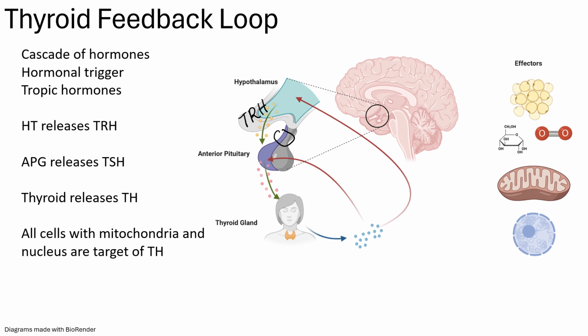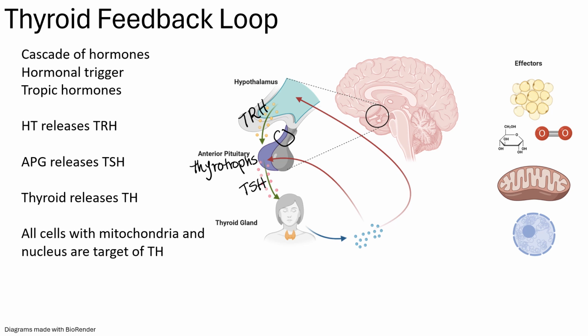There are cells, though, in the APG called thyrotrophs that are affected by TRH. These are the cells that have receptors that receive the TRH hormone. And when they do, these thyrotrophs release TSH, the thyroid stimulating hormone, into systemic circulation.